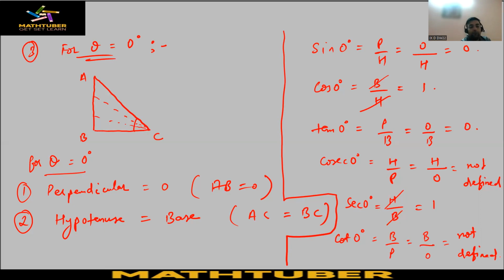And now let's move to the next angle, which is 90 degree. So fourth is for theta equal to 90 degree here.